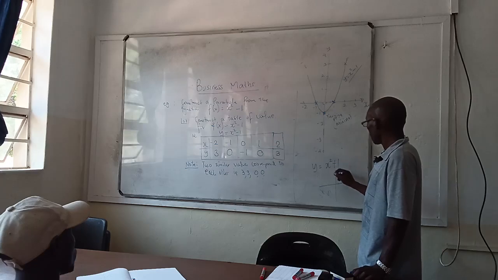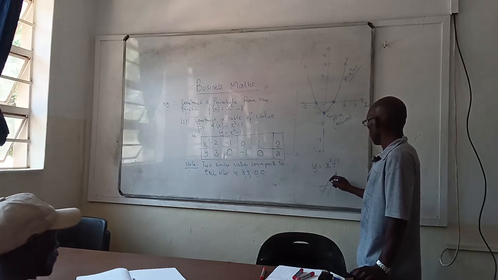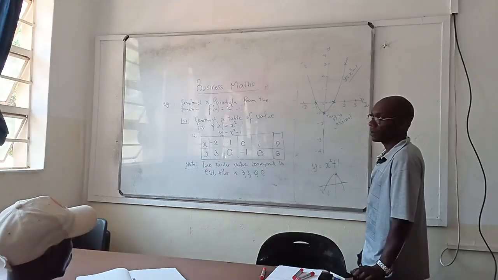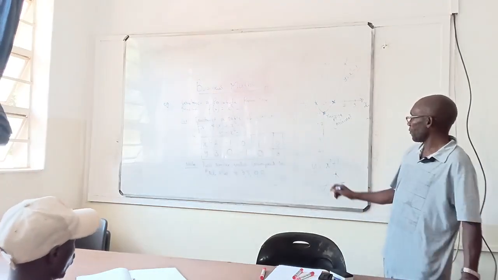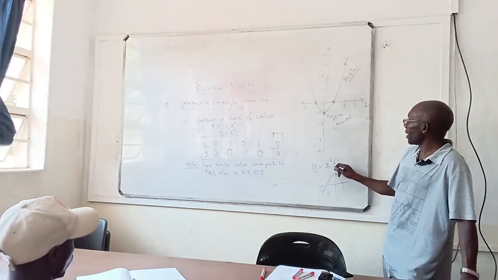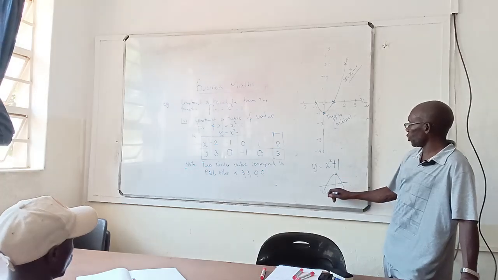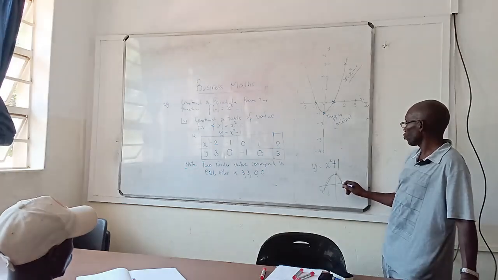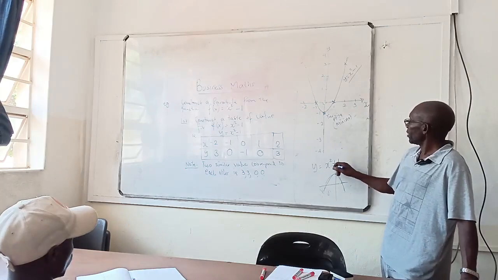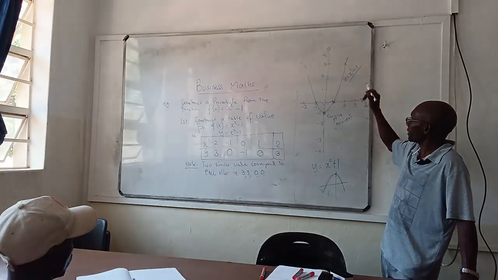Our turning point will be plus what? So it's going to go like this. This is the graph of x squared plus 1. But with the negative, it's going to be something like that.